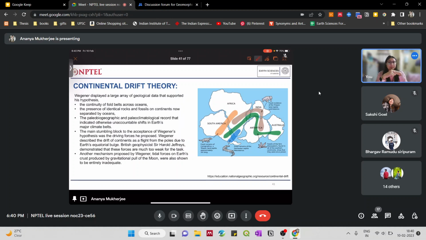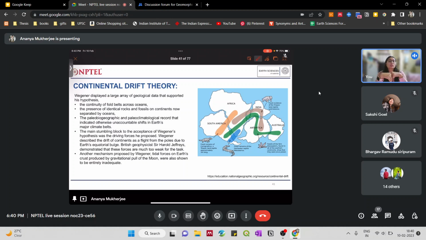You can see that there are continuities of bigger geological features like fold mountains, then the presence of certain kinds of rocks and fossils. When you date them together, they fall in the same geological time. So that was another evidence that supported continental drift theory.